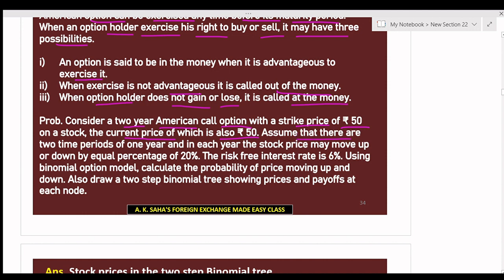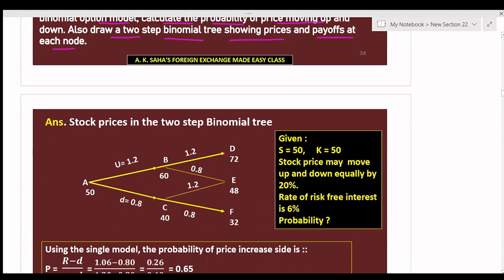Assume that there are 2 time periods of 1 year, and in each year the stock price may move up or down by an equal percentage of 20%. The risk-free interest rate is 6%. Using the binomial option model, calculate the probability of price moving up and down, and draw a 2-step binomial tree showing prices and payoffs at each node.